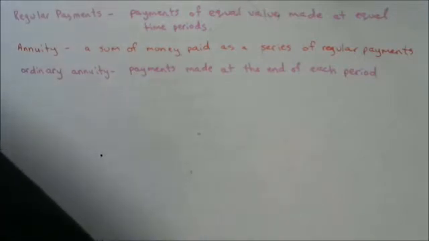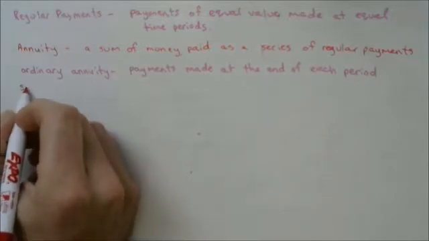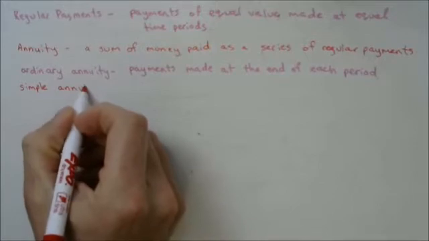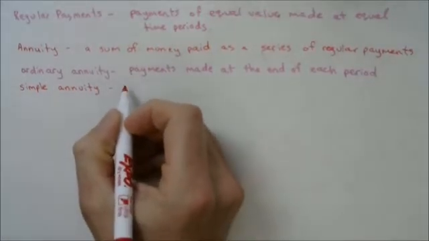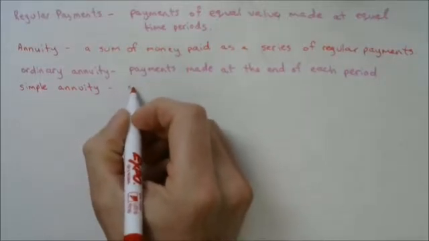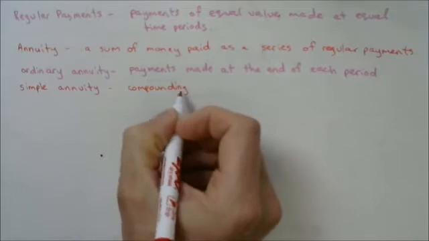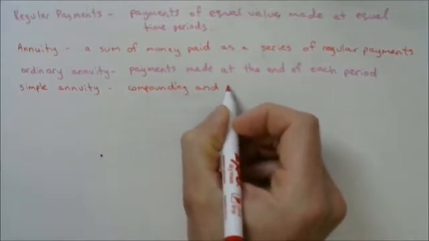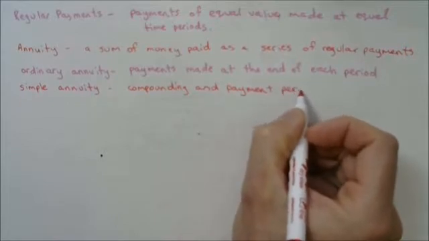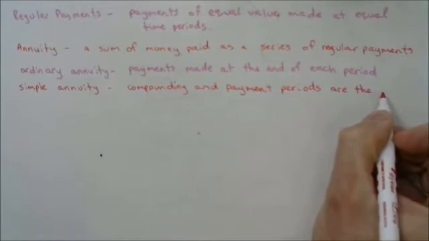That is different from a simple annuity, in which the compounding and payment periods are the same. Compounding and payment periods are the same.